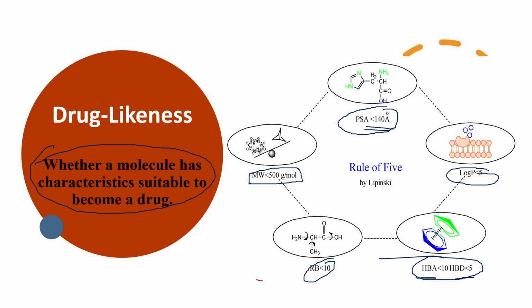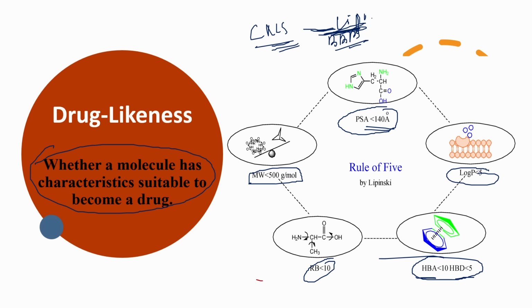In case of CNS related drugs, we are preparing drugs which are very effective toward the CNS. To get to the brain, the CNS drug should cross the BBB, which stands for blood-brain barrier. It is highly lipophilic in nature.